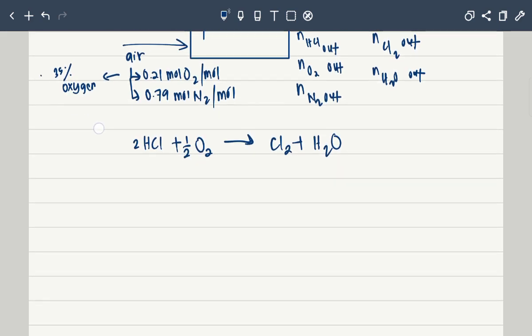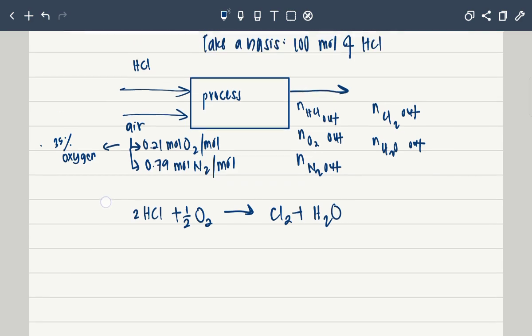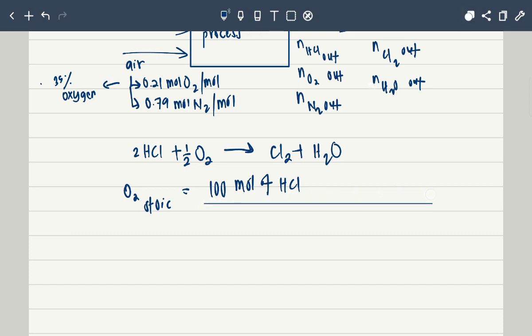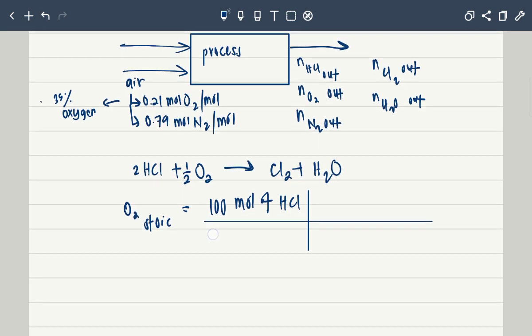Okay, so next, dah dapat ni, kita bolehlah cari O2. So O2 stoichiometry lah kan. So equals to 100 mol of HCl, 1 mol of O2.